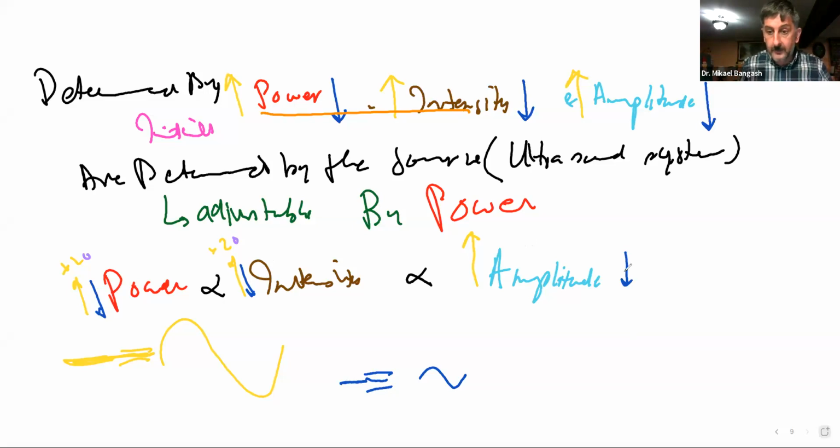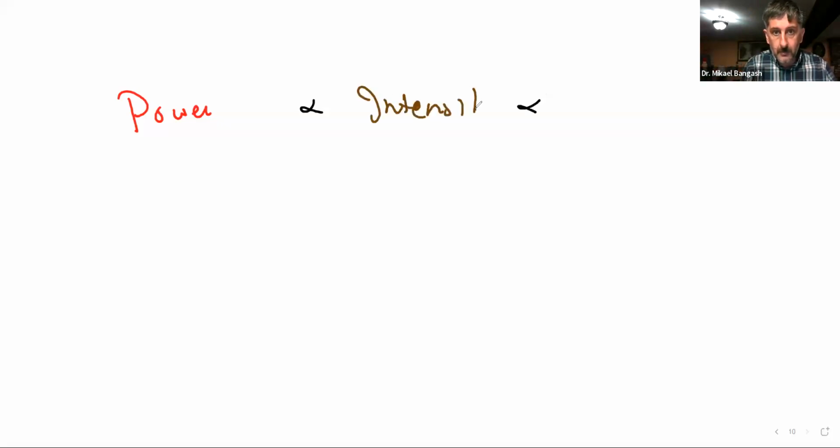That's the beginning, but girls, we can take it to the next level. Which will mean that power is directly proportional to intensity, which is directly proportional to amplitude.